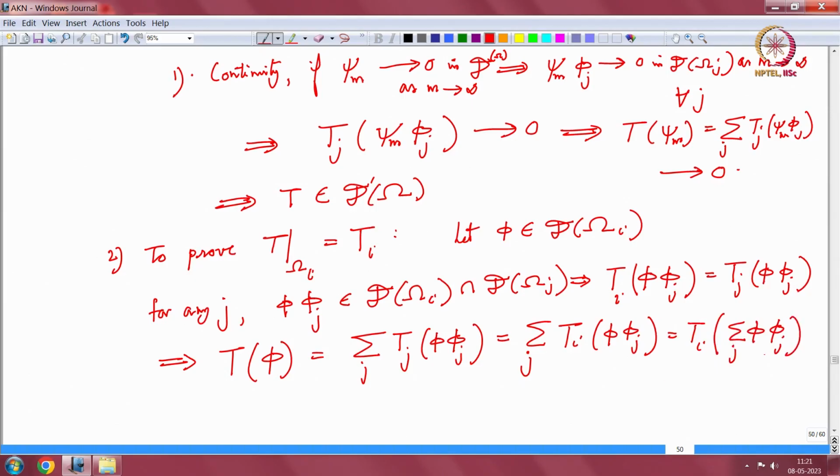And then Ti is same as T. This is nothing but Ti, and this is your phi, because this is over summation, so once you have summation of phi j equal to 1, this is nothing but your phi. So, Ti of phi, and T phi is equal to Ti of phi for all phi in D omega I. Okay, that is it.